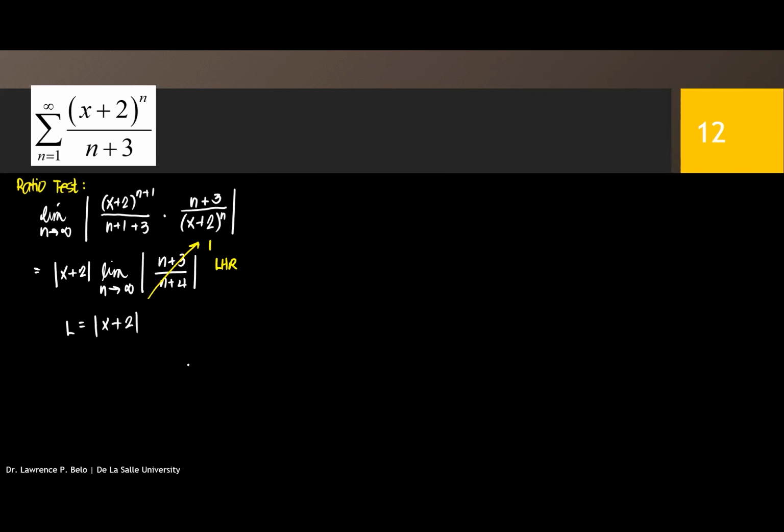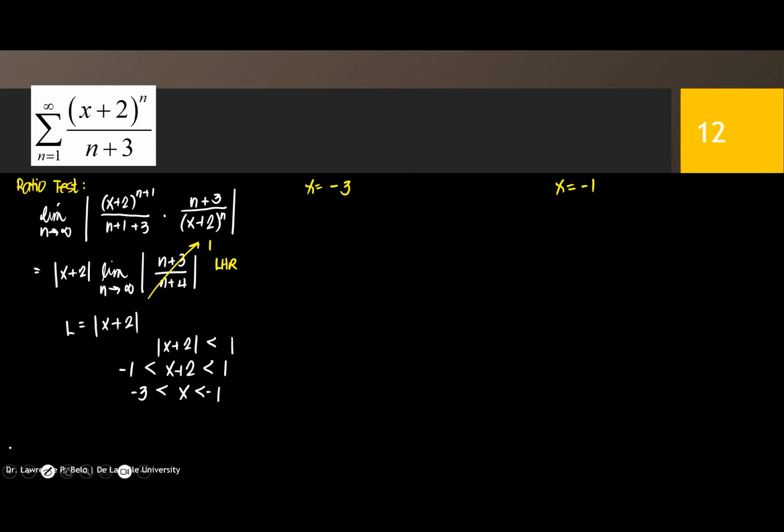And for it to be convergent, we would want it to be evaluated at values of L less than 1, right? So x plus 2 is less than 1 and greater than negative 1. X is negative 1, negative 3. So that means we need to look at the convergence when x is negative 3 and when x is negative 1.